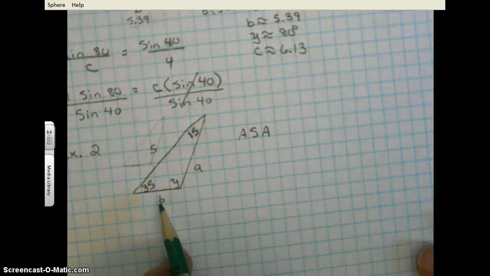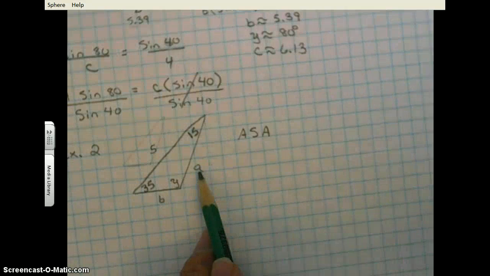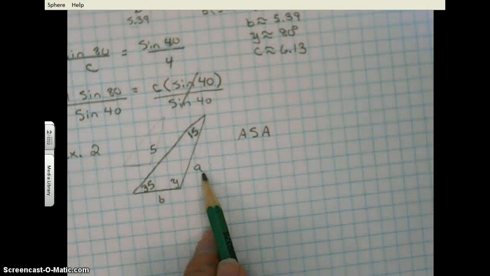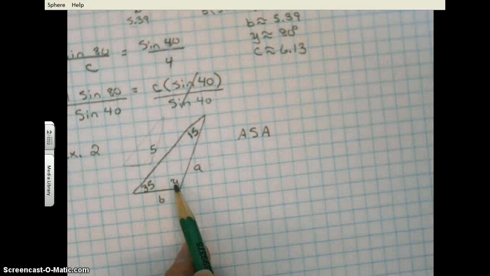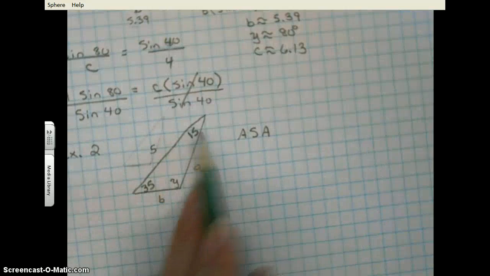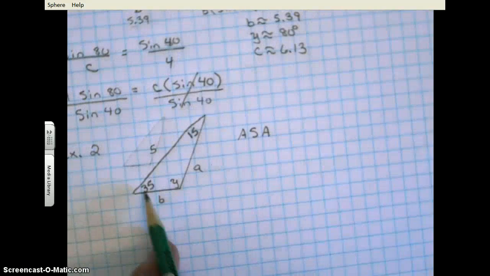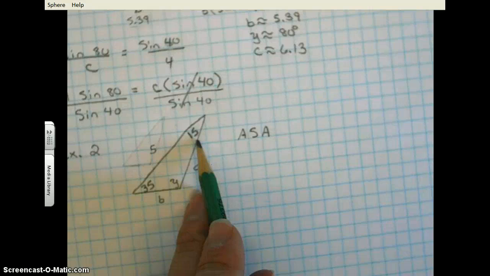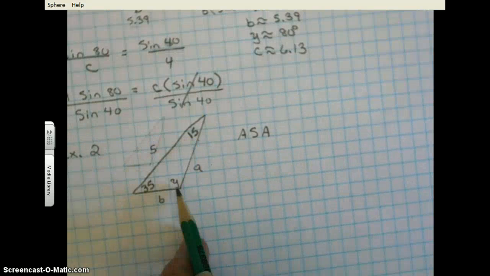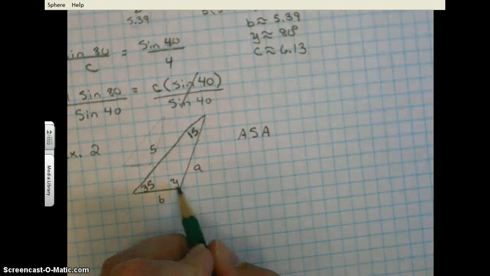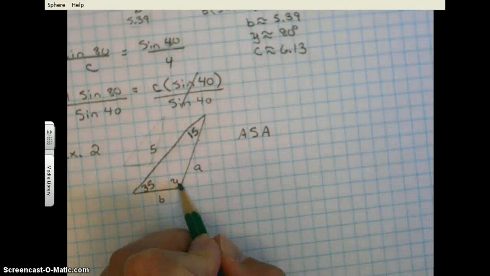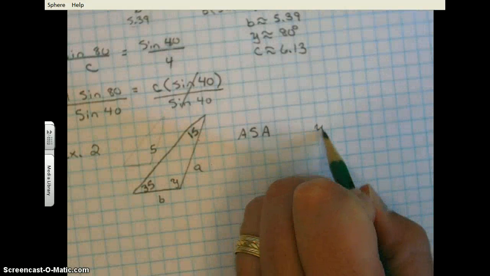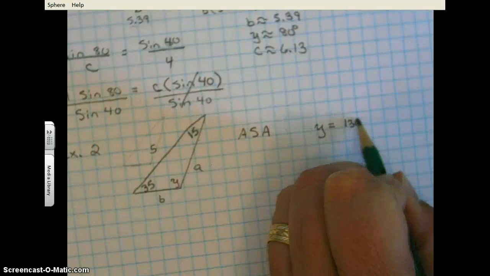So let's start off with finding gamma. So we know that it adds up to 180. So 35 and 15 is 50. 50 from 180 is 130. So we know that gamma is 130 degrees.